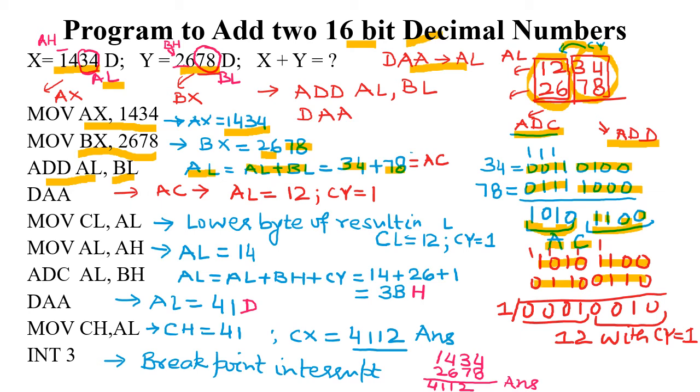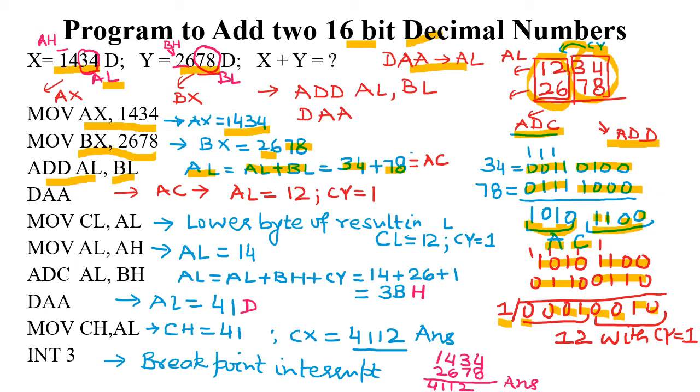So it becomes 0 plus 0 is 0, 0 plus 1 is 1, 1 plus 1 is 0, with carry 1, 1 plus 1 is 0, with carry 1. 1 plus 0 is 1, again 1 plus 1 is 0, 1 plus 1 is 0, with carry 1, 1 plus 1 is again 0 with carry 1.